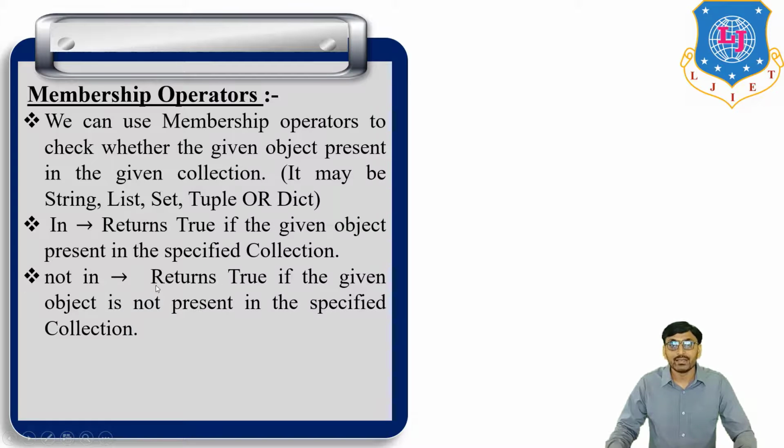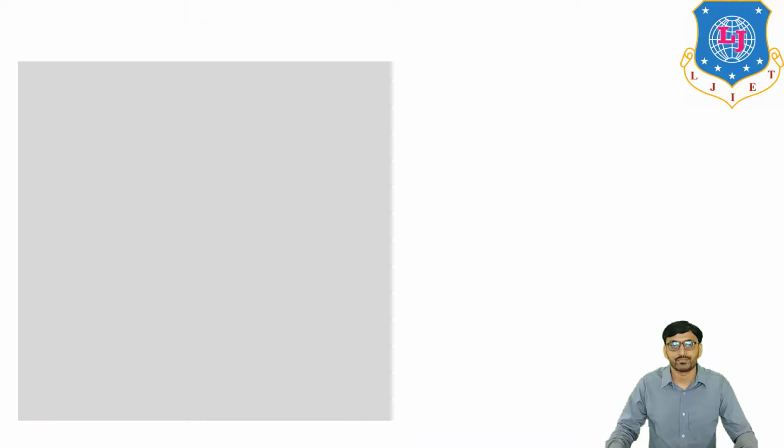Not in returns true if the given object is not present in the specified collection. Okay. So for example, x in string, y not in string. This is a membership operator.